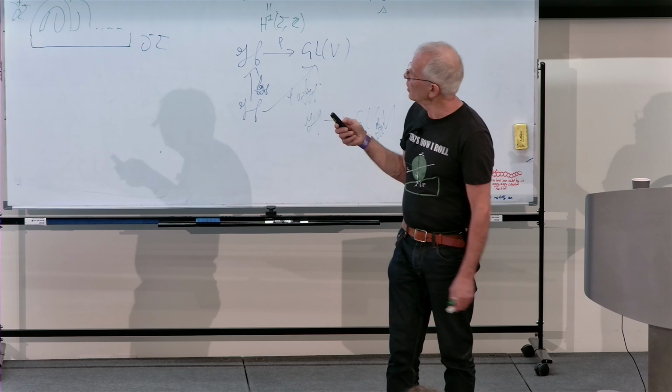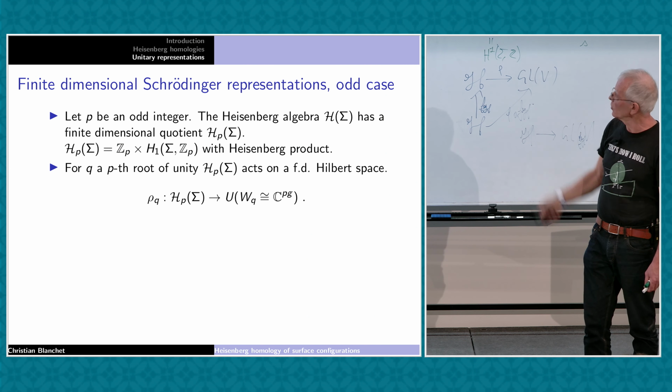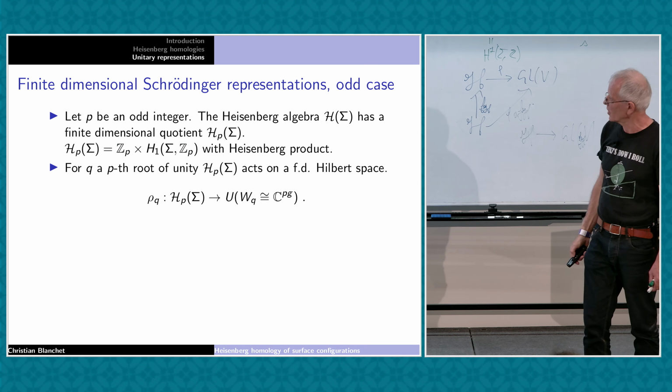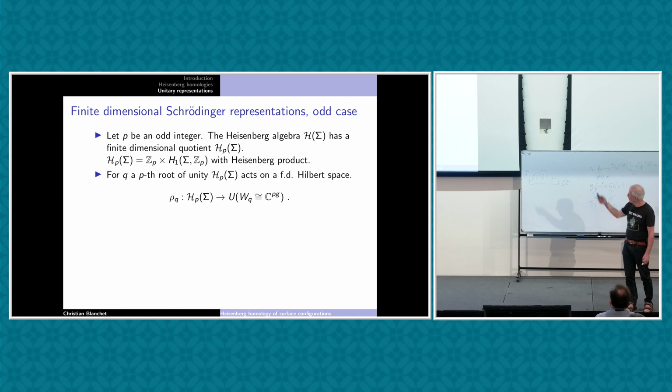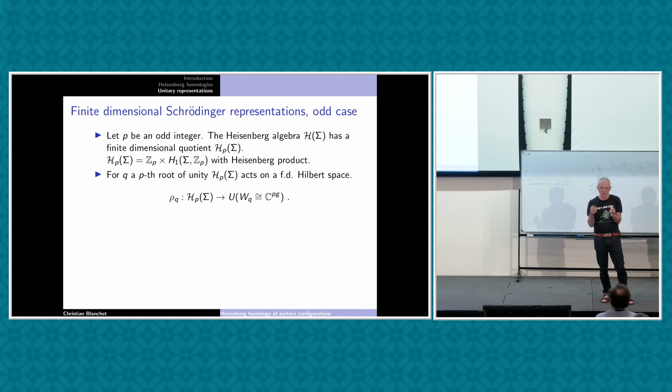For q a p-th root of unity, H_p of sigma acts on a finite dimensional Hilbert space. I will give the formula. It's finite dimensional, so it's a unitary action, but on a finite dimension. It's not a full Hilbert space yet.